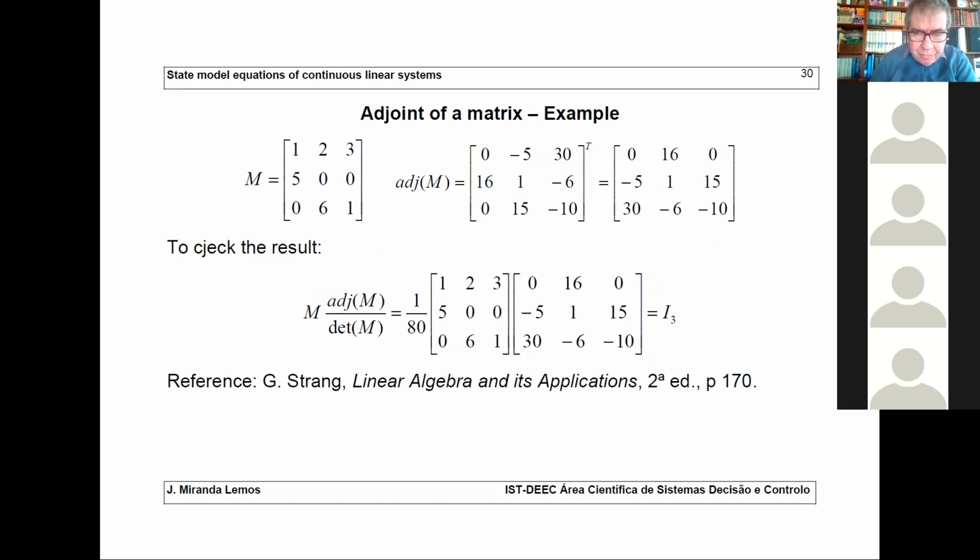Any question? Of course, if you have a 4x4 or 5x5 matrix, you will rely on MATLAB or your handheld computing machine, because doing it by hand is impractical. But it's important that you know that these formulas exist.